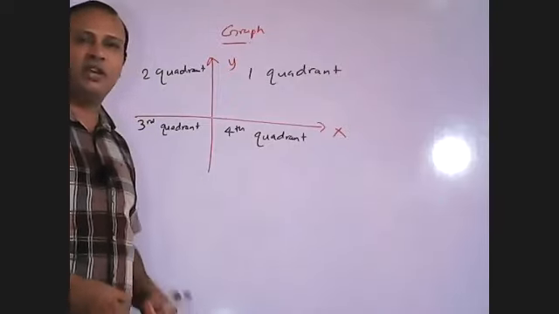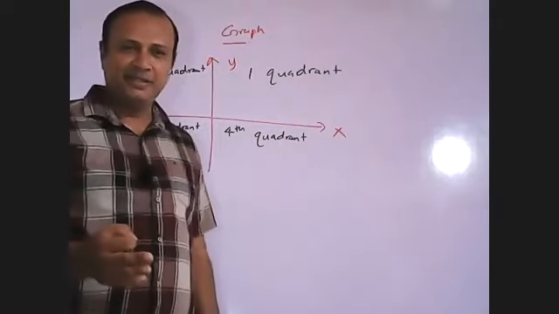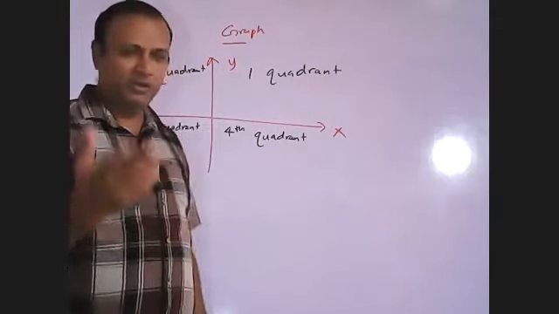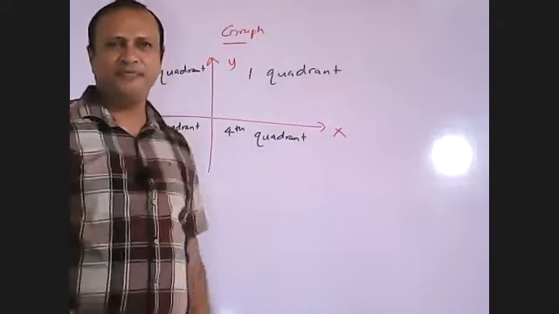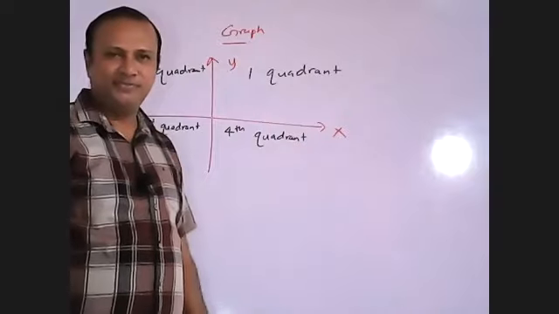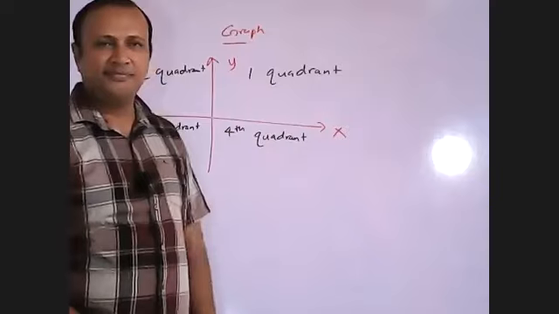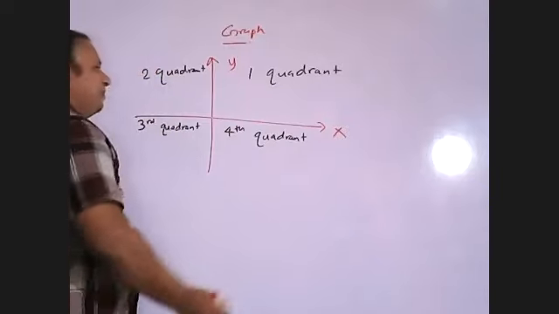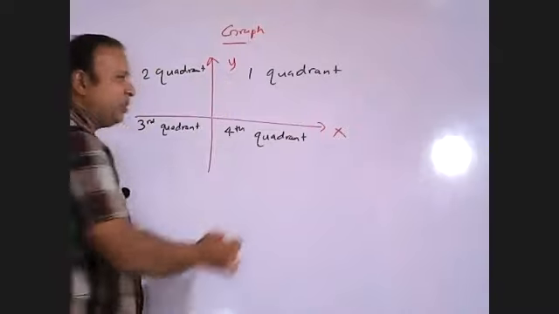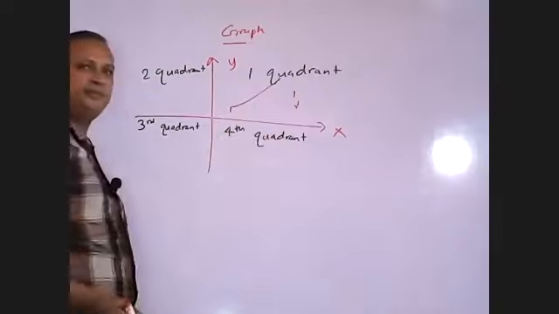Once you decide the location, then you have to decide the shape and the range. If you know the location, the shape and the range, then you will have a graph.